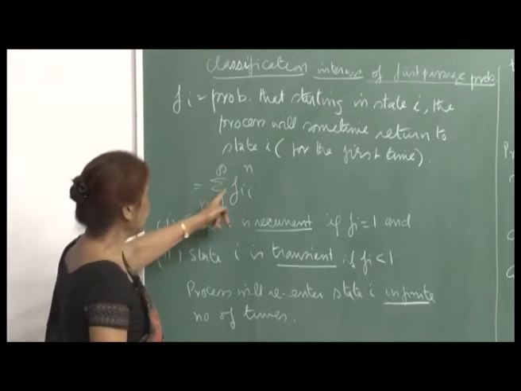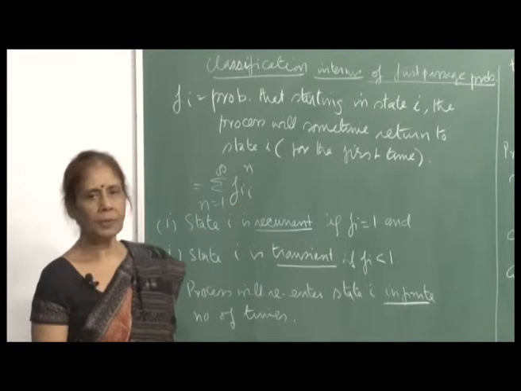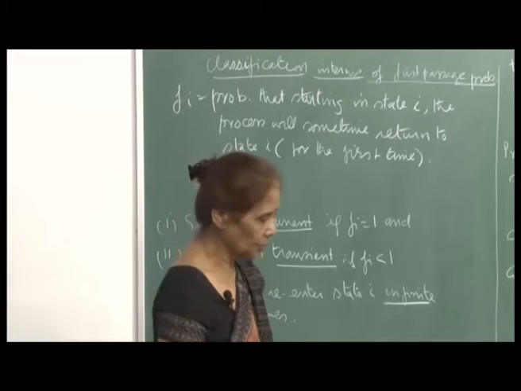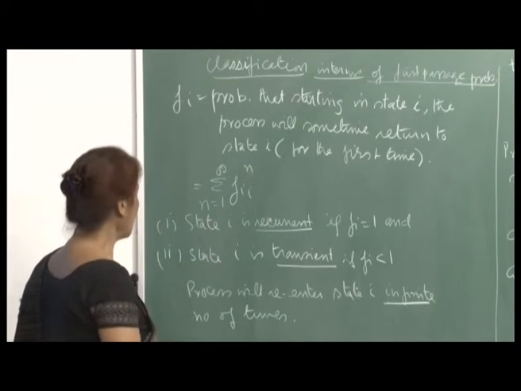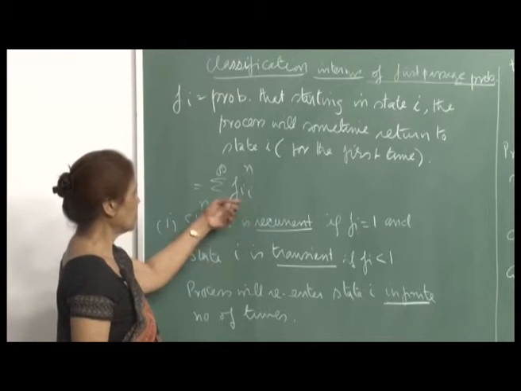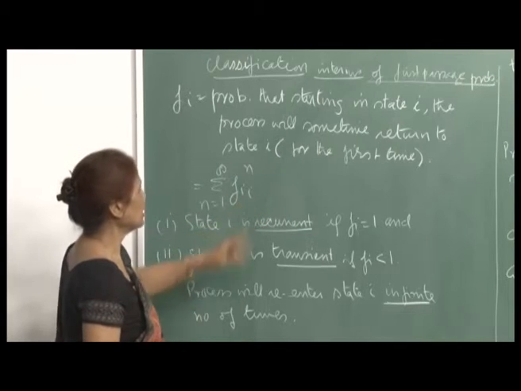So, when we add this up from 1 to infinity, this will give us the probability of the system starting from i returning to i for the first time in any number of steps. So, all possible. Therefore, this is the probability that it will sometimes return to state i. That is important.